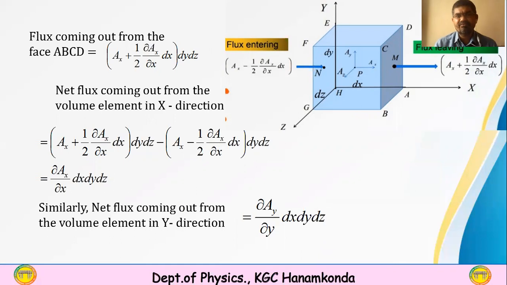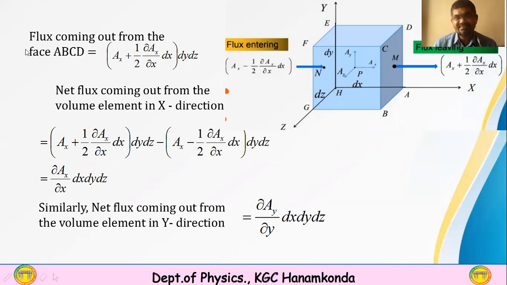The flux coming out from the face ABCD is the value at face ABCD into the surface area. The value at point M is Ax plus 1/2 ∂Ax/∂x dx, and the surface area is dy dz.